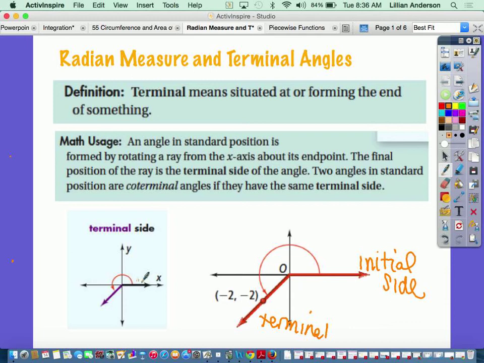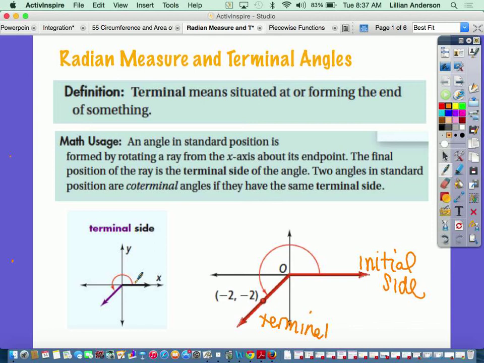Your initial side is fixed on the positive x-axis, and the other part of your angle is what moves. An angle in standard position is formed by rotating a ray from the x-axis about its endpoint. The final position of the ray is the terminal side of the angle. Two angles in standard position are coterminal angles if they have the same terminal side.